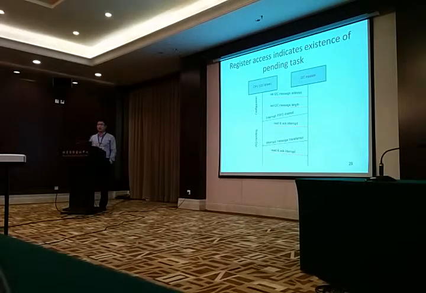Upon receiving the interrupt, the CPU has to read the interrupt status register to learn the type of the interrupt. And it also has to write back to the interrupt status register to acknowledge the interrupt. And the CPU may also have to reconfigure the APSYS module based on the type of the interrupt. So the point here is, frequent register access indicates a module has more pending tasks.